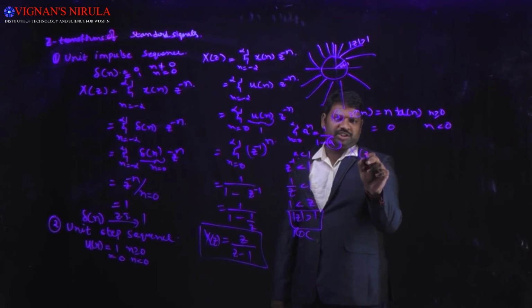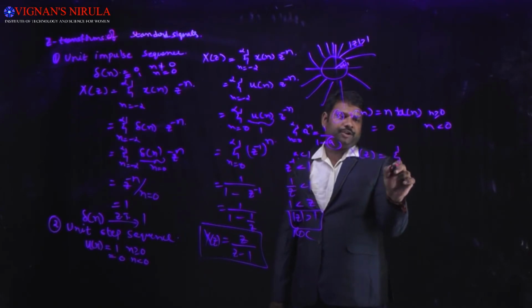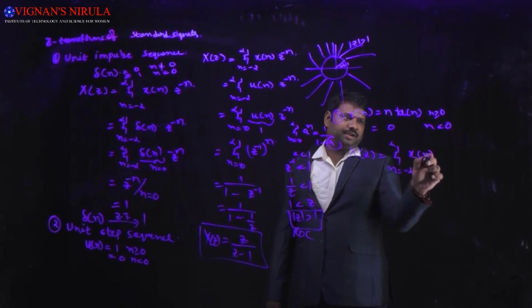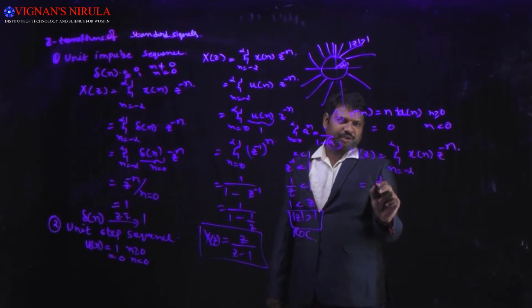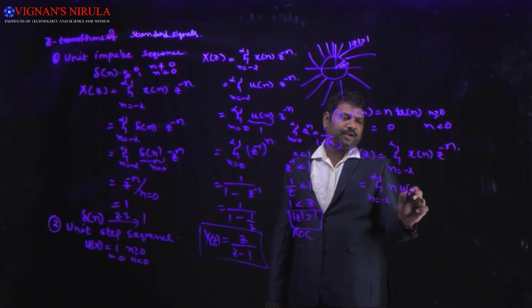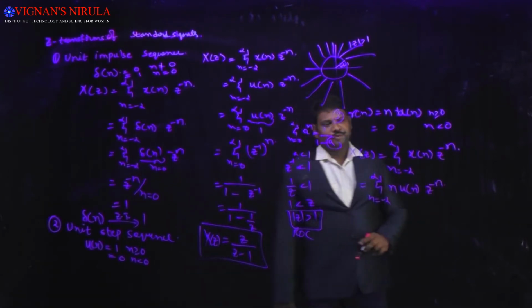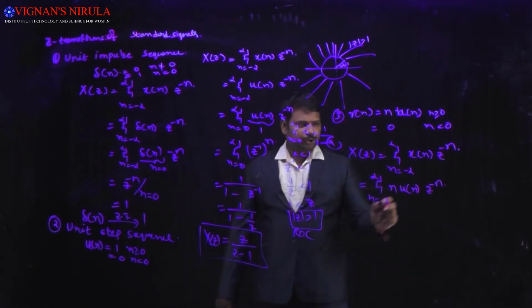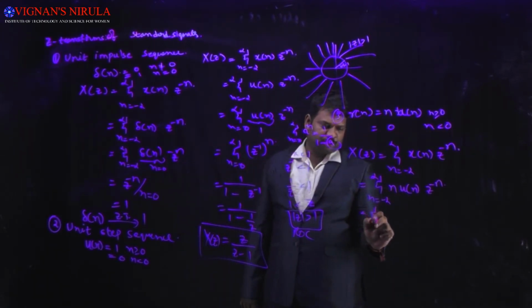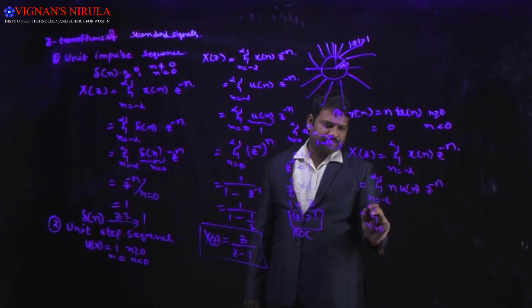Therefore, the corresponding z transform is summation n varies from minus infinity to infinity x of n z power minus n, and we substitute x of n as n into u of n into z power minus n. As u of n is defined for n equal to 0 to infinity only, it becomes n into z power minus n.